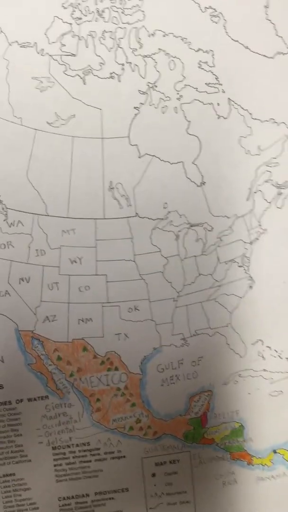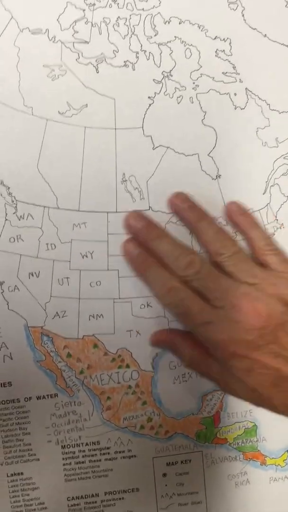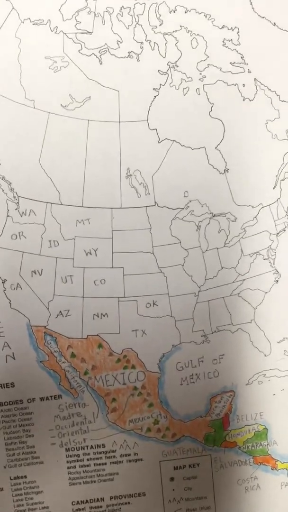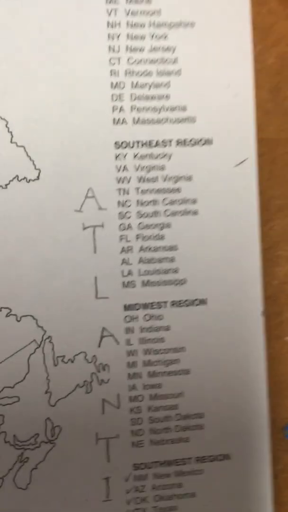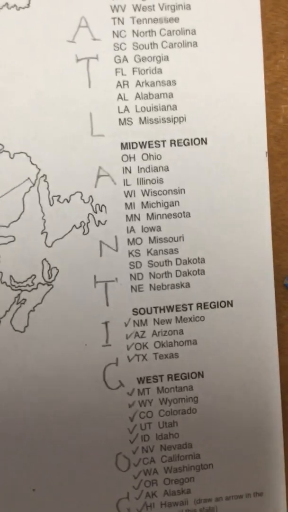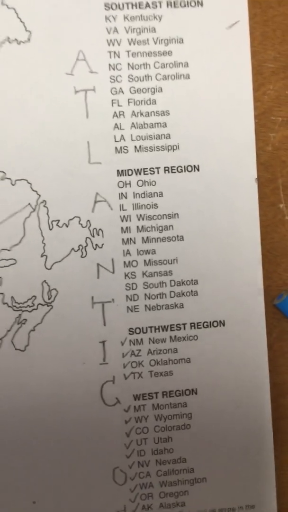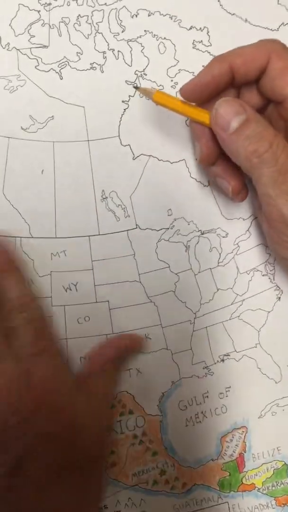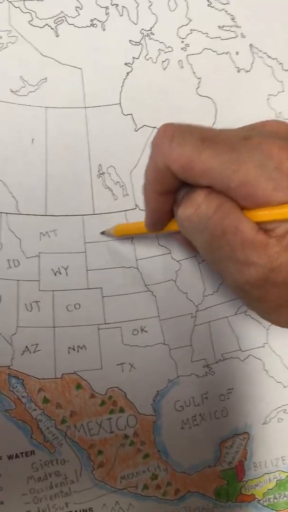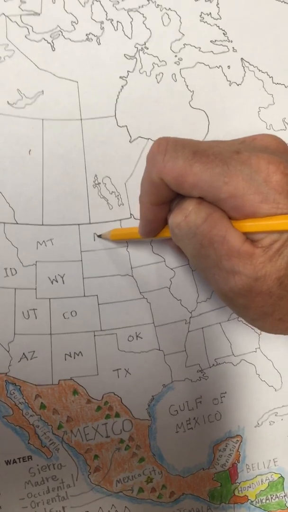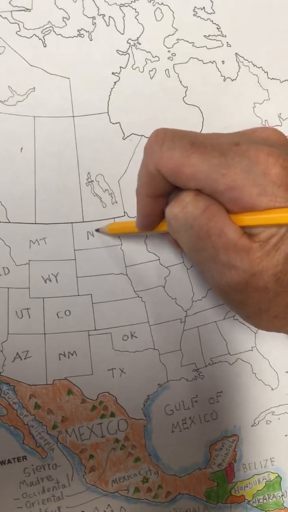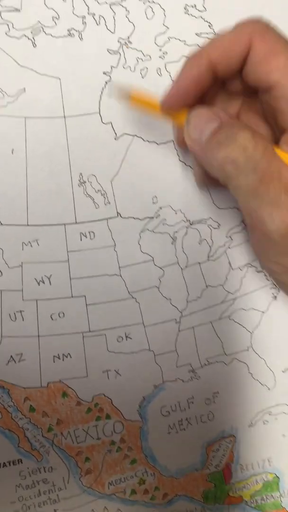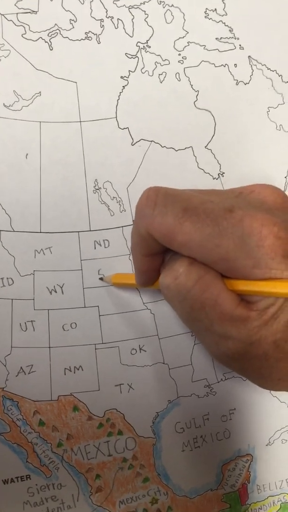Let's tackle the Midwest region right now, which has a lot of states, and maybe we can begin with North and South Dakota. That would be right up here. This would be North Dakota. This would be South Dakota.